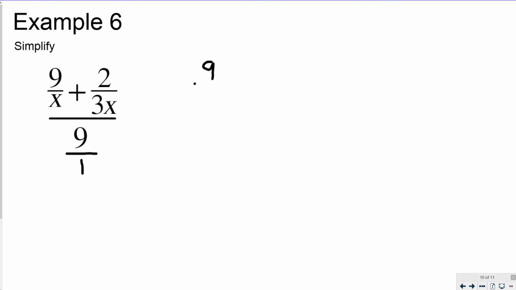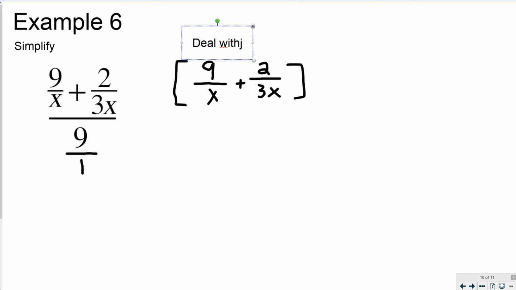So first we're going to write it as 9 over x plus 2 over 3x divided, and I'm going to put that in a bracket because that is going to be something that I have to deal with first. And then this is going to be divided by 9 over 1.